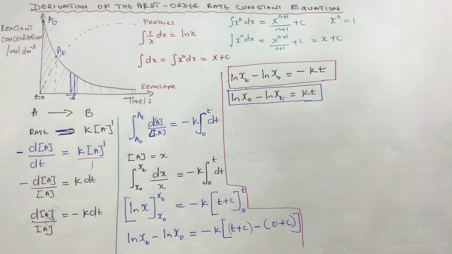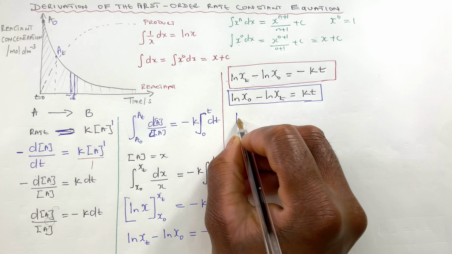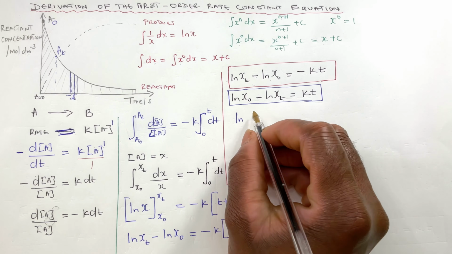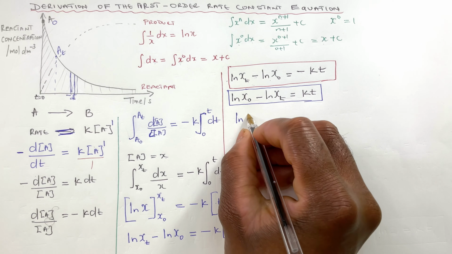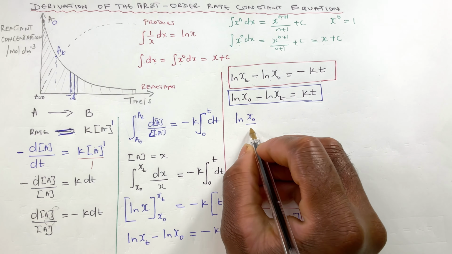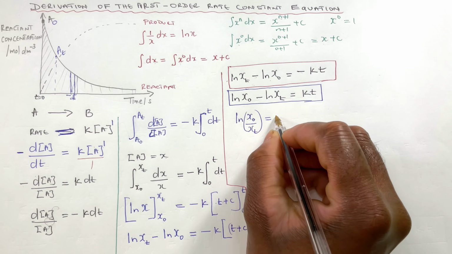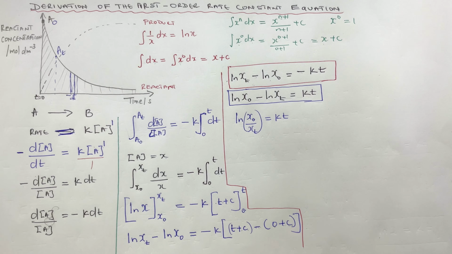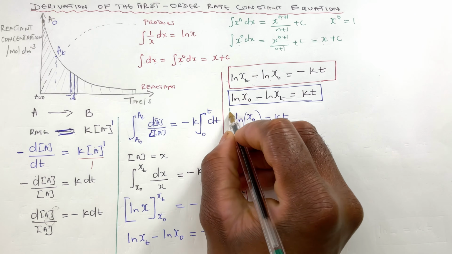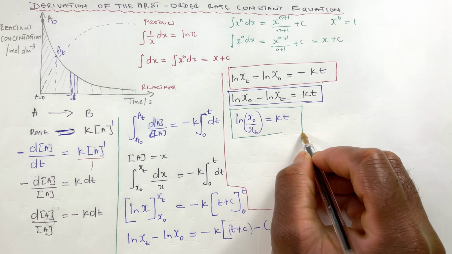But first, we could manipulate this equation and make it look nice by writing it using the logarithm function ln x naught over xt. That will be equal to kt. So that's another way of writing that equation. And we may be using this second way to describe the half-life.